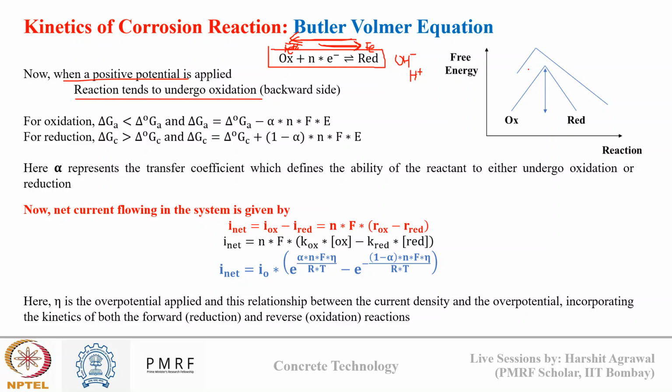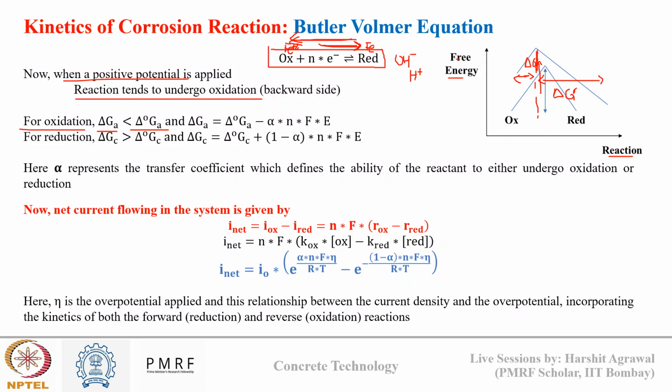So we can see from this shifted free energy versus reaction kinetics plot that now this equilibrium is closer to the backward reaction while it is far away from the forward reaction. So we can say for oxidation, now the required delta G is less than delta G naught, which was right here right now. Okay, so you can see this is smaller.